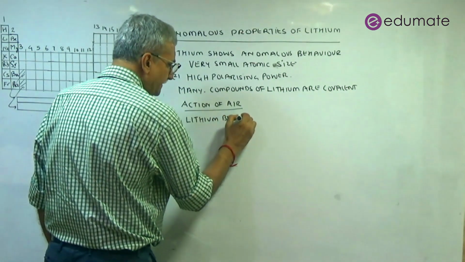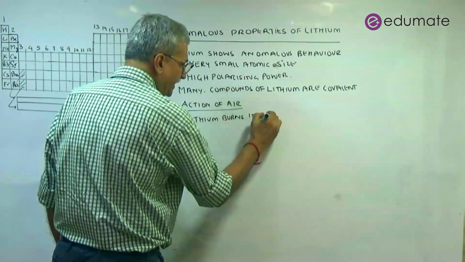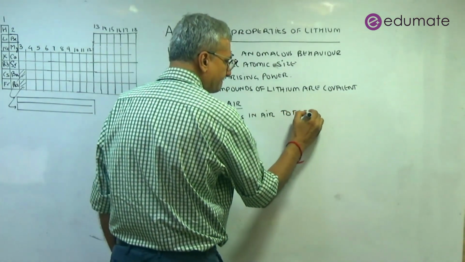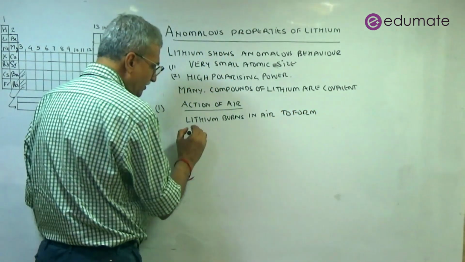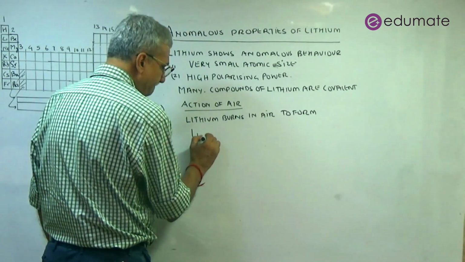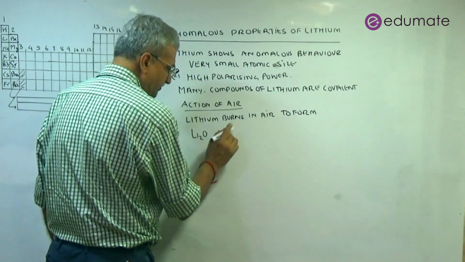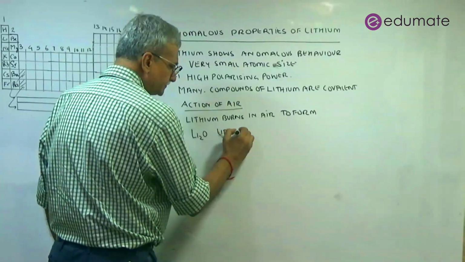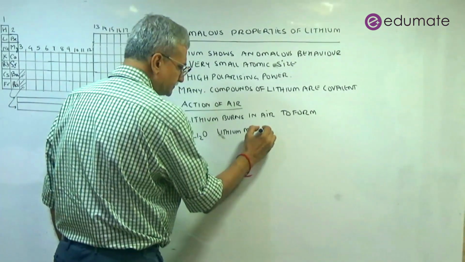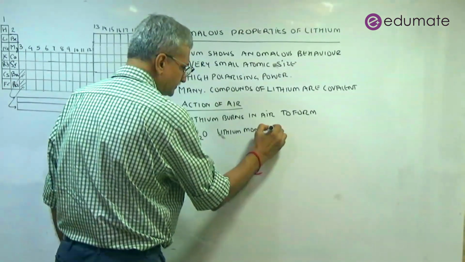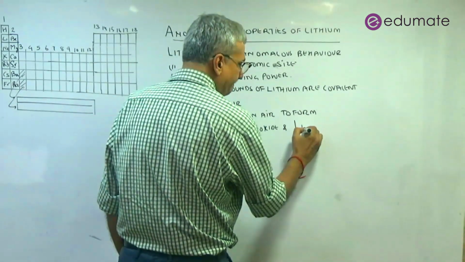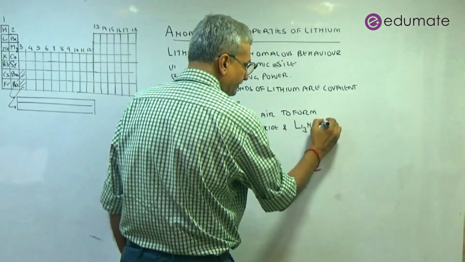Lithium burns in air to form lithium oxide, lithium monoxide, and it forms lithium nitride.